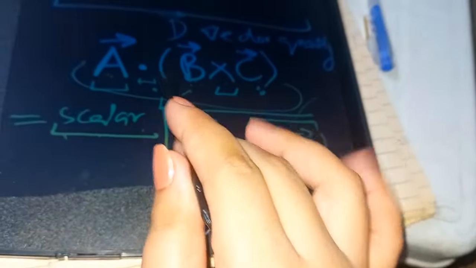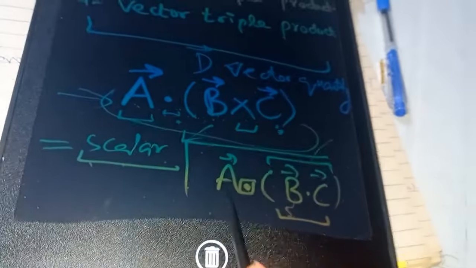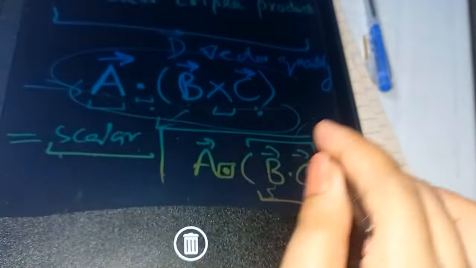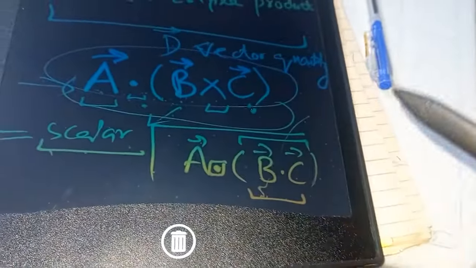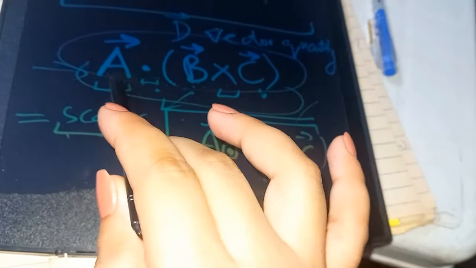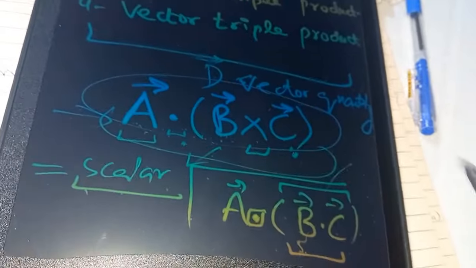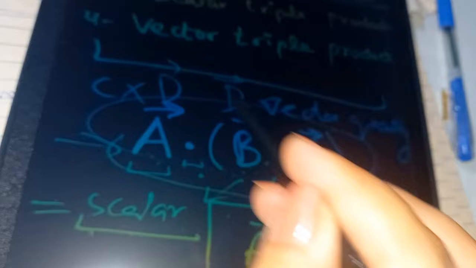So use brackets first. Okay, that's the easiest thing you can do, because brackets are solved first and then the rest is solved. Besides that, you can use that rule, that what results what. Okay, as I told you logically, that if you find out a dot b first, then what happens, it's a scalar quantity, and you can't have scalar quantity multiplied with a vector quantity.